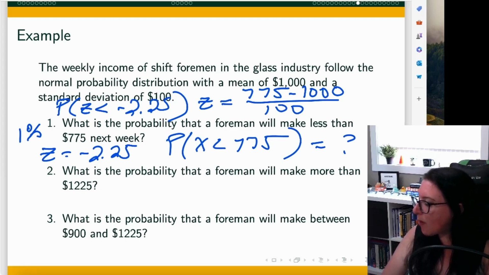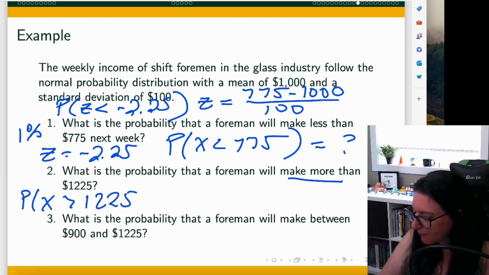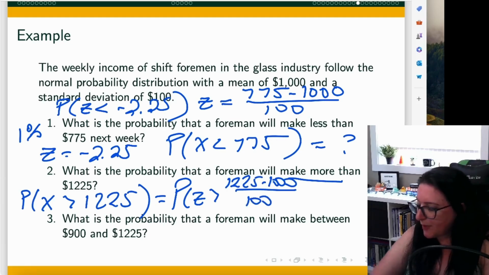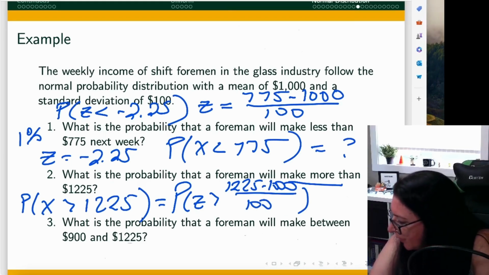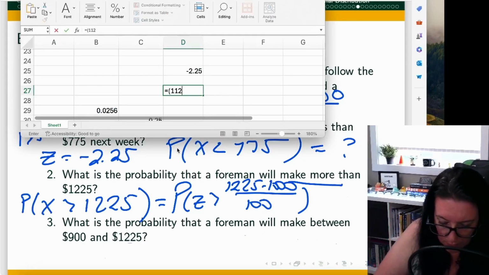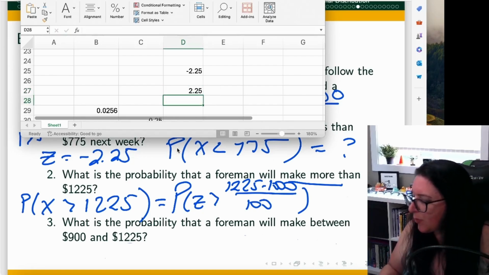What's the probability that a foreman will make more than 1225? So here we want the probability that x is greater than 1225. Okay, so we need to find our z-score. So we're going to take 1225 minus 1,000 divided by 100, which gives us 2.25.